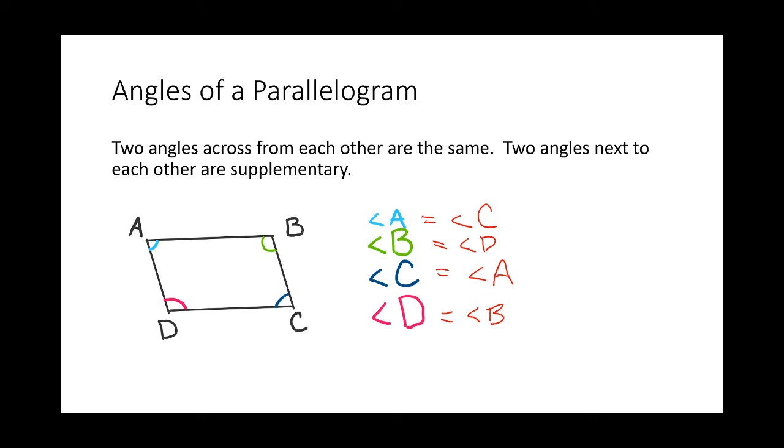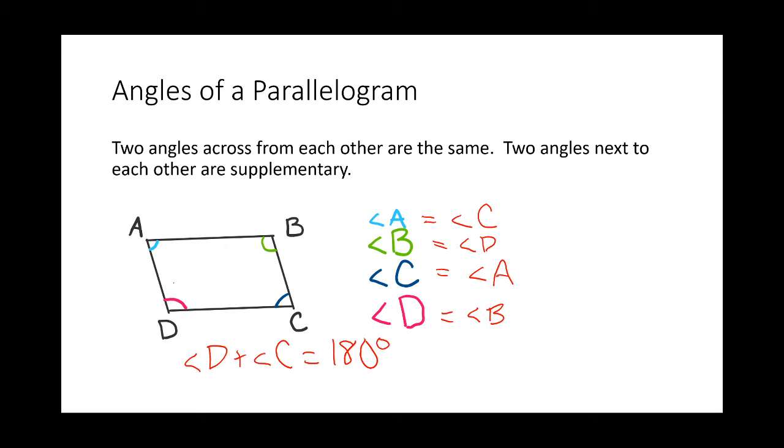And two angles that are side by side are supplementary. That means that they add up to 180 degrees. So if I look at angle D and angle C here, angle D plus angle C is equal to 180 degrees. That's what it means to be supplementary.